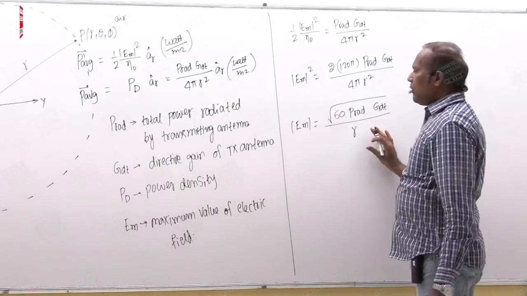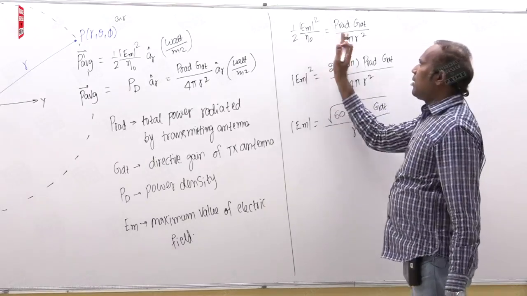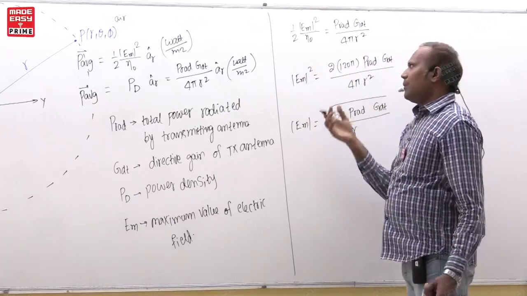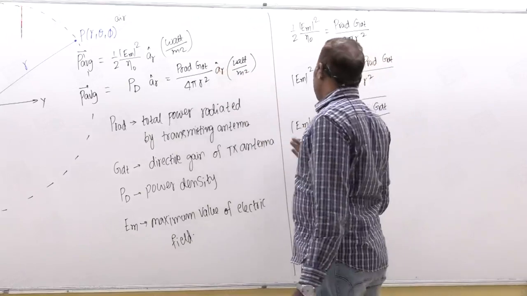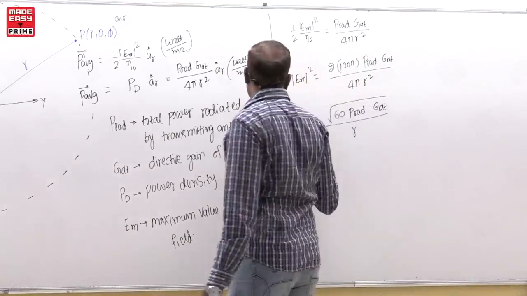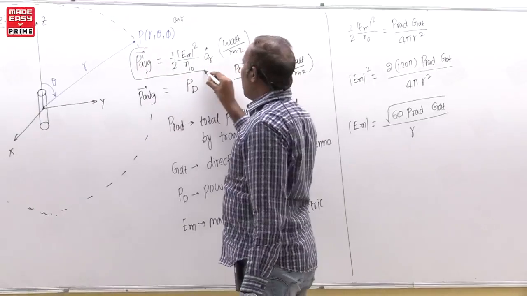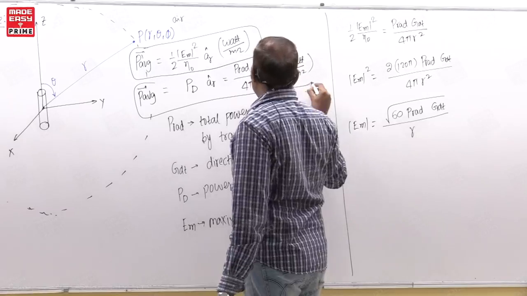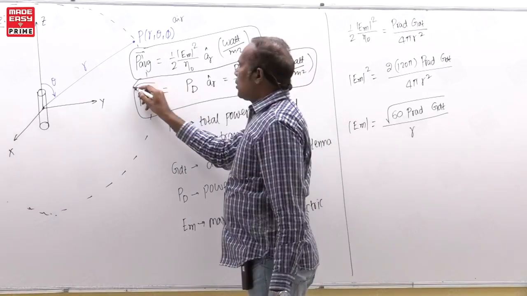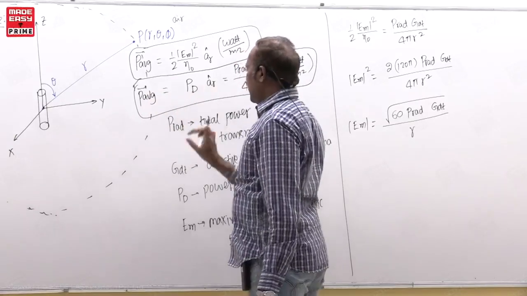If you don't have patience to remember it, then you can equate these two each time, no problem. But it is better you remember them so that at any time you can write this. It depends on your patience, students. So this is also a formula, and the magnitude of average Poynting vector gives power density.